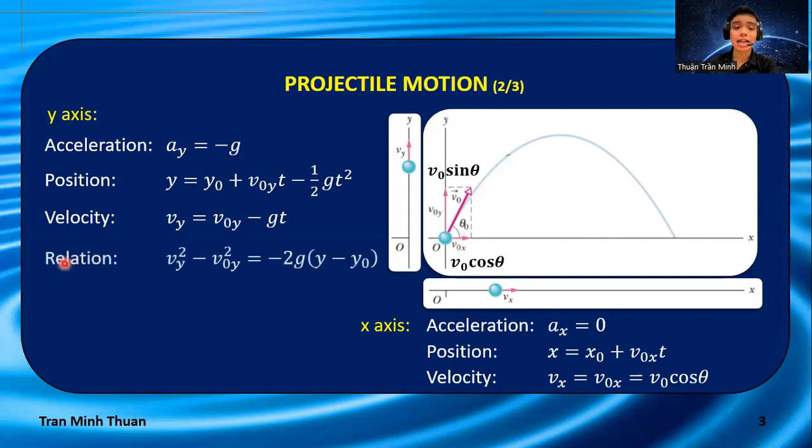And also the relation between the position and the velocity of the object is vy squared minus v naught y squared equals minus 2g times (y minus y naught).